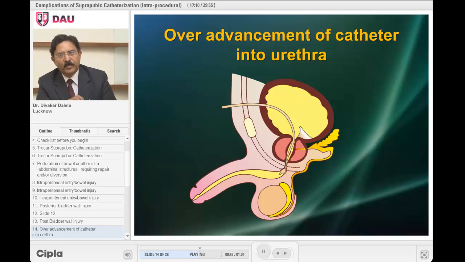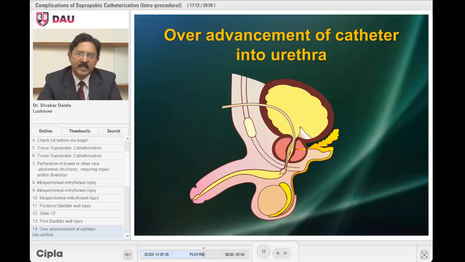And when you over push this catheter in the bladder, in some situations, the catheter tip can go in the bladder neck, it can go in the prostatic urethra, it can even go down into the bulbous urethra. And there, if you inflate the balloon and you tug, initially some urine will come by the side of the catheter, but later on this catheter will not drain because the tip is not in the bladder lumen, the tip is in the urethra.